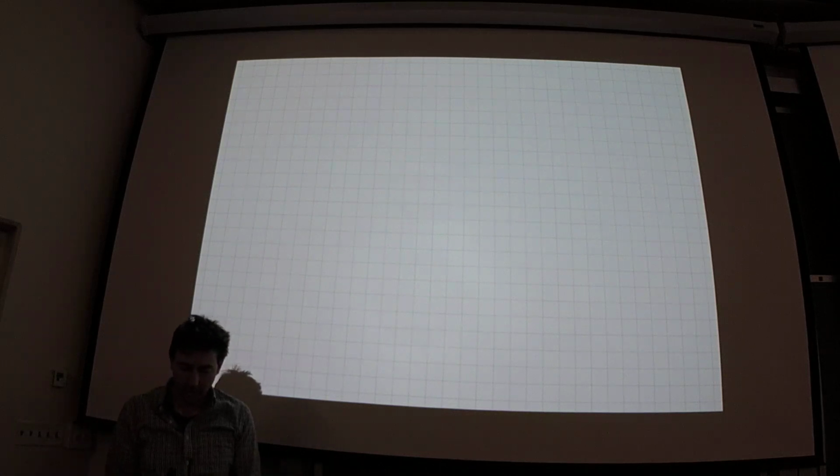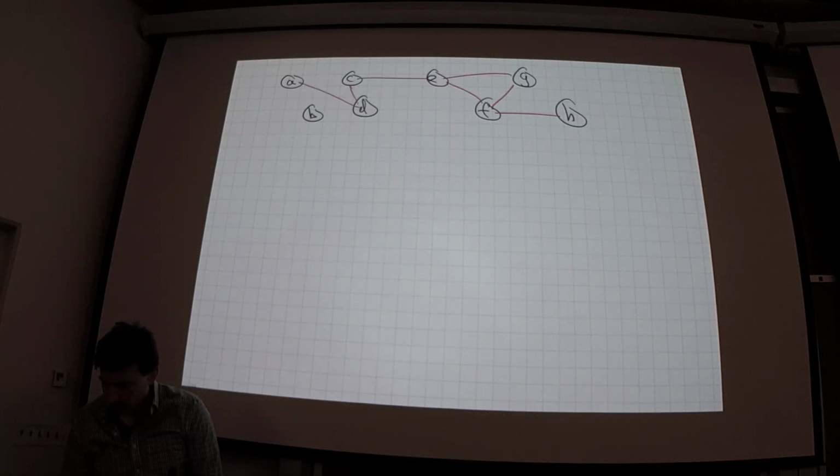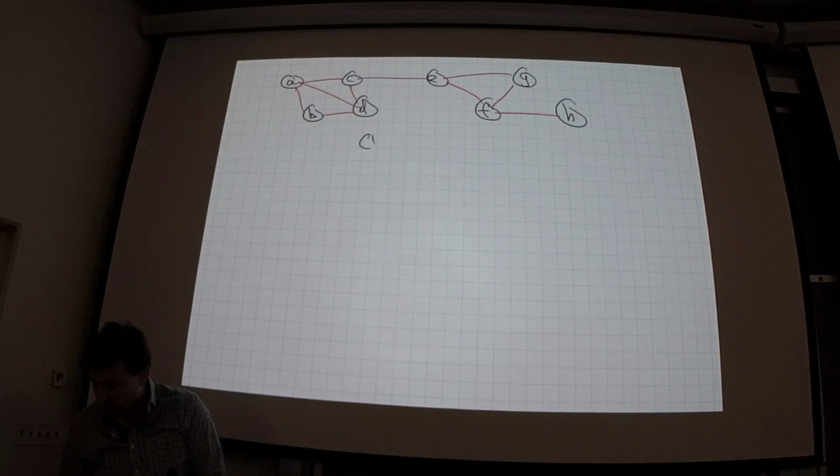All right. So if I have this, let me draw this picture up here again. A, B, C, D, E, F, G, H, and I've got these edges here. Okay, so now my goal is to find a cluster in this graph.